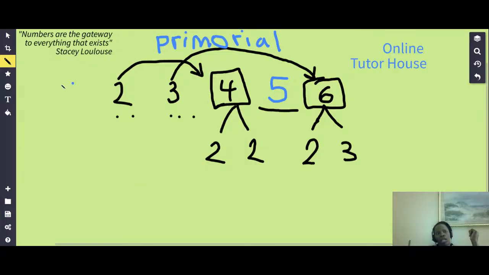Okay? So we're going to look a little bit into this. So we're going to talk about 5 sharp, with the primorial 5, and then we'll kind of discover as we go. Okay, we're going to discover these primes as we go.